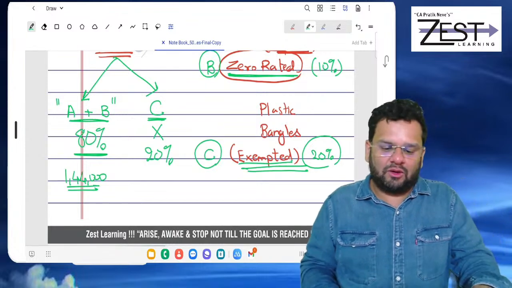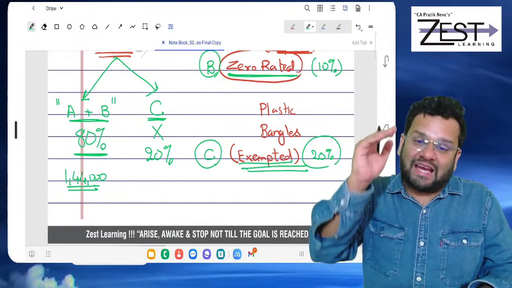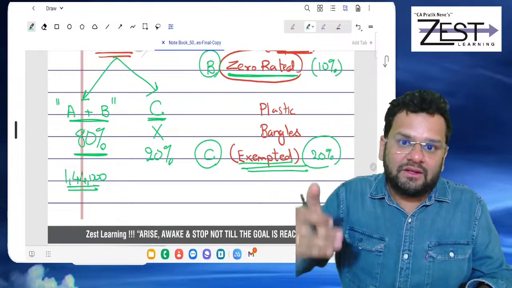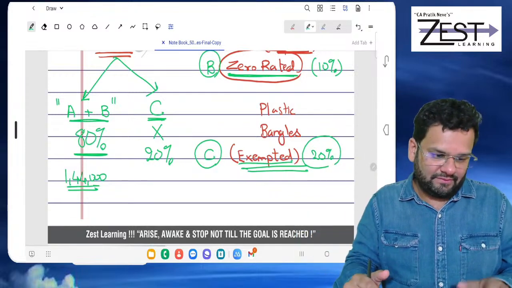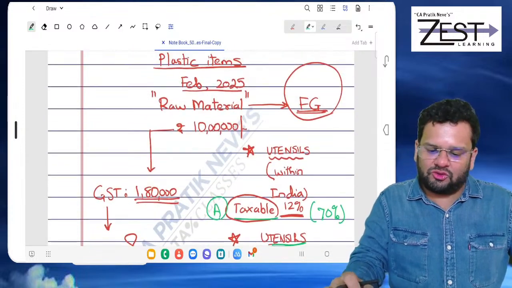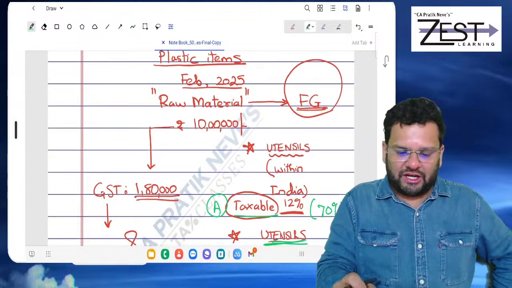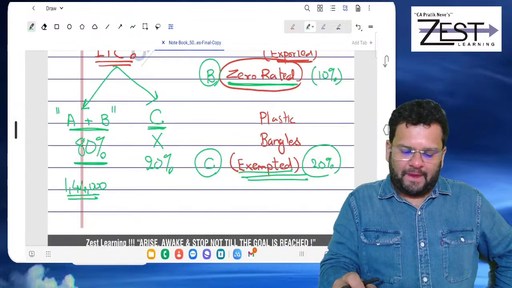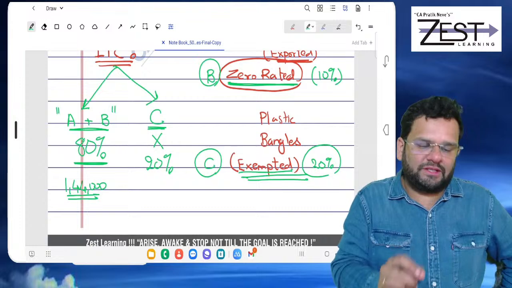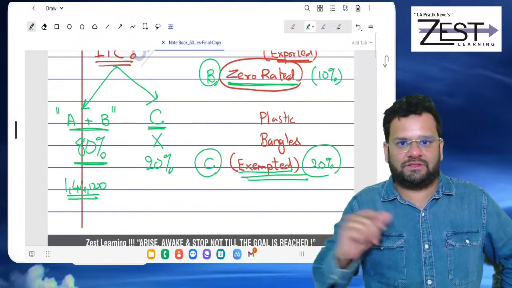But ITC is allowed when I am using it for finished goods which are taxable, including zero rated. Once you have done this and understood this, say D in the chat window. I will tell you the provision formally and then we will go ahead to the corresponding rules.